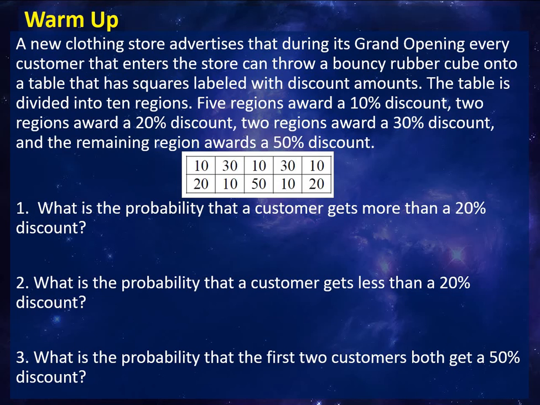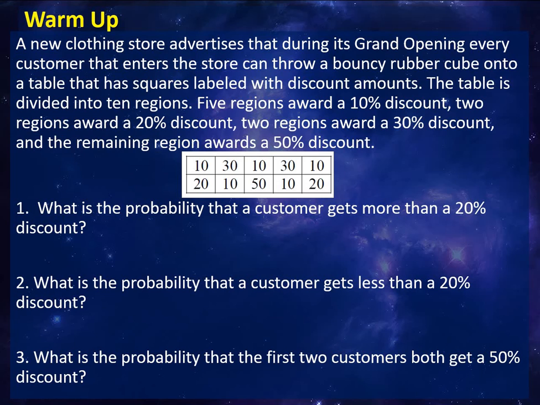We want to find out the probability that a customer gets more than a 20% discount. So which discounts qualify? The 30 and 50. Those are the only ones. How many customers are we putting through for this one question? Just one customer. So how many different ways can that one customer get more than a 20% discount? 3.